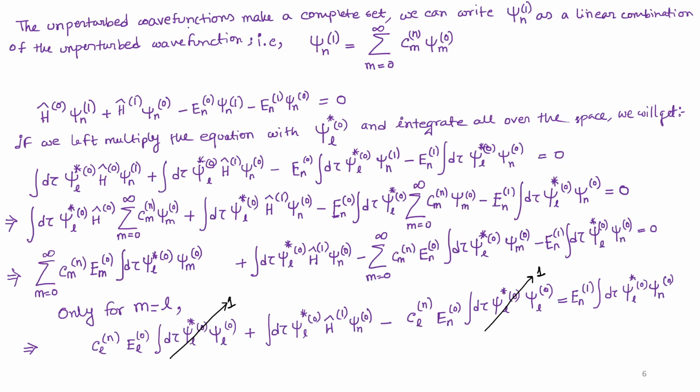What I will have, I will take this thing as common. So I got EL0 minus En0, there is a minus sign. So this I have got for these things, and I have the second term, I'll write d tau psi L 0th.